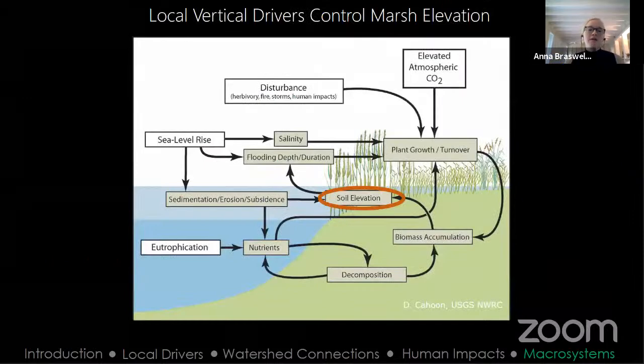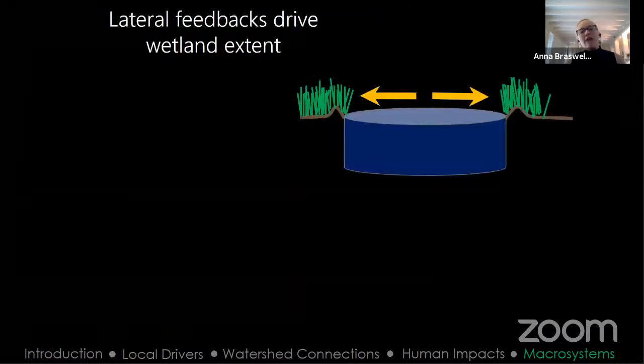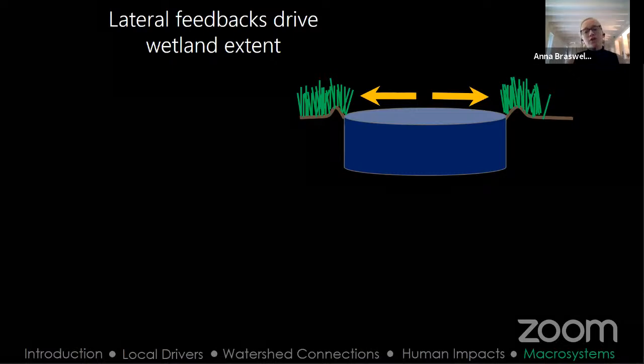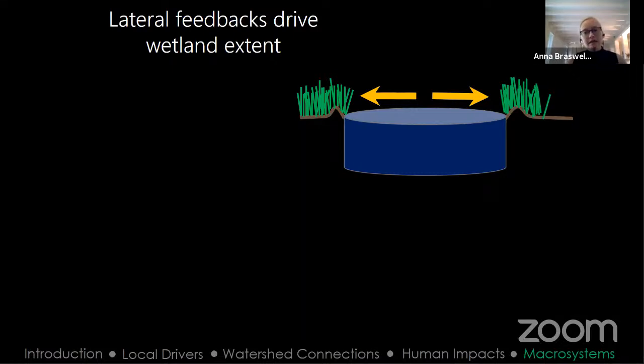Again, we can think about soil elevation and the local vertical drivers of soil elevation, as we've talked about earlier, but there's also lateral feedbacks that drive wetland extent. And what I mean by that is fetch, or the distance over which wind waves can pick up. So if you have a bigger distance of open water, a lot of wind waves can pick up, which can drive two alternative attractors of wetland extent.